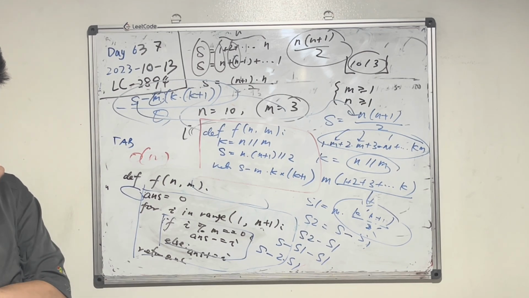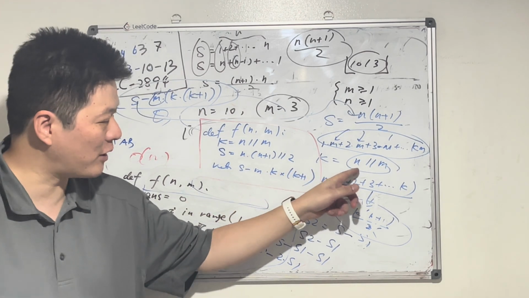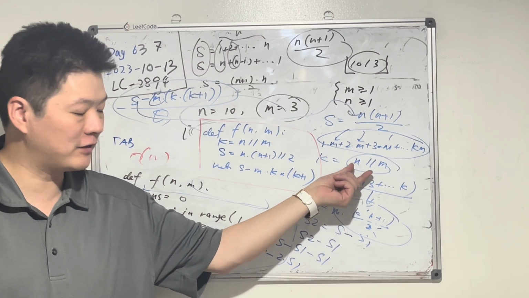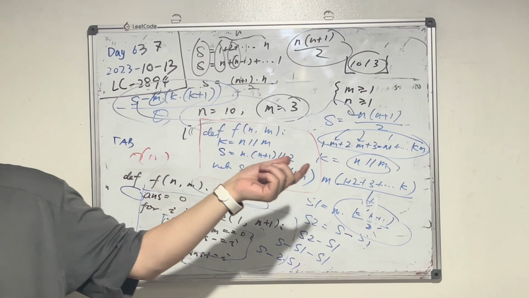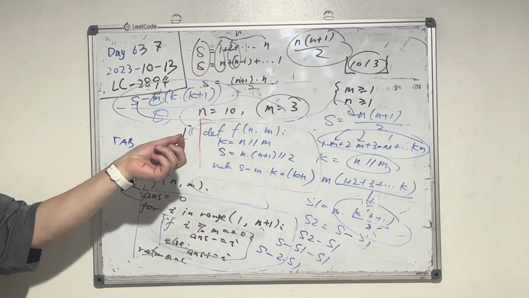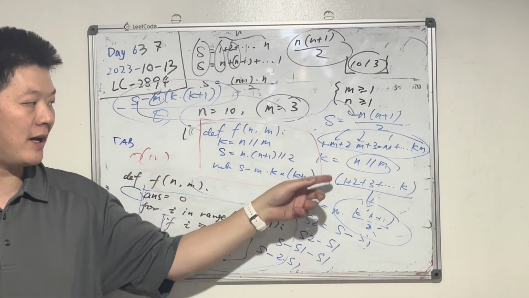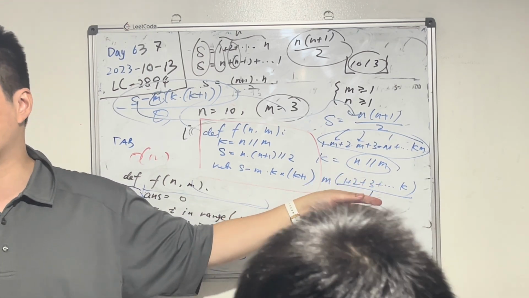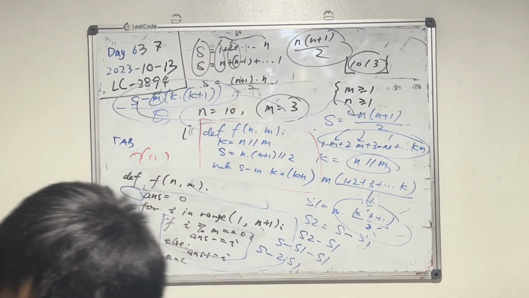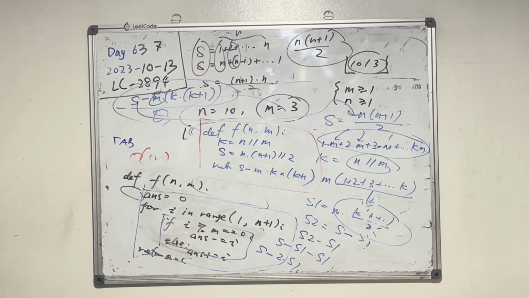It's just maths. The key thing is that we want to find out the number k, which is the number of multiples divisible by m. So we know this number, and then we apply the formula for the sum of the first few numbers.